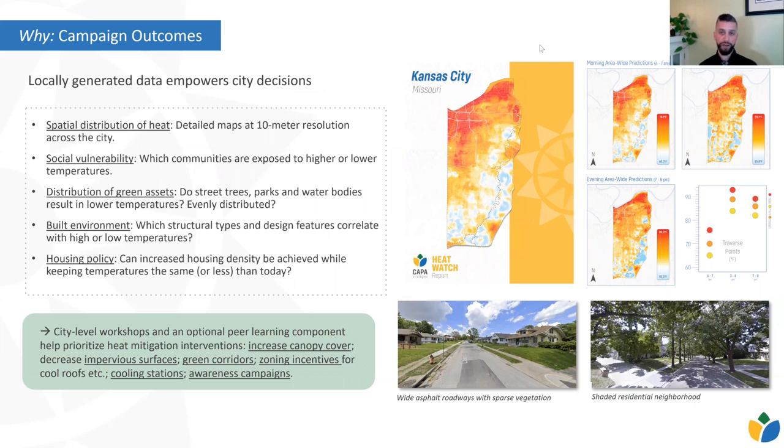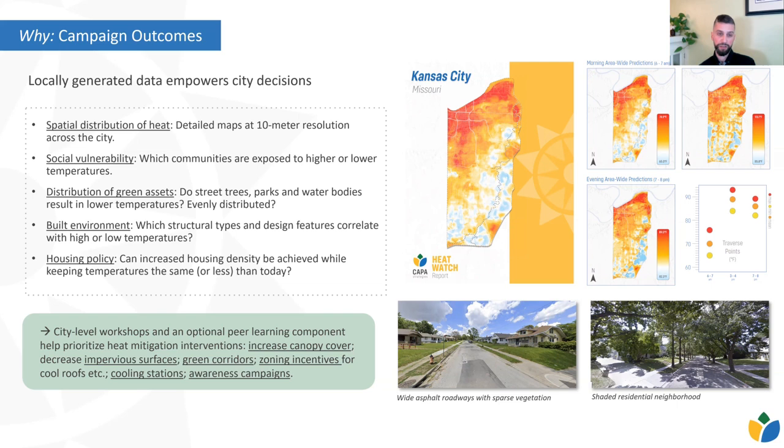Why are we after these data, and what do they mean to other folks engaged in the climate discussion? What we found is that these data can go in a lot of different directions with decision makers and stakeholders at cities. Oftentimes the first question is, who is being exposed to this risk at greater or lesser volume, and why are we seeing these differences?